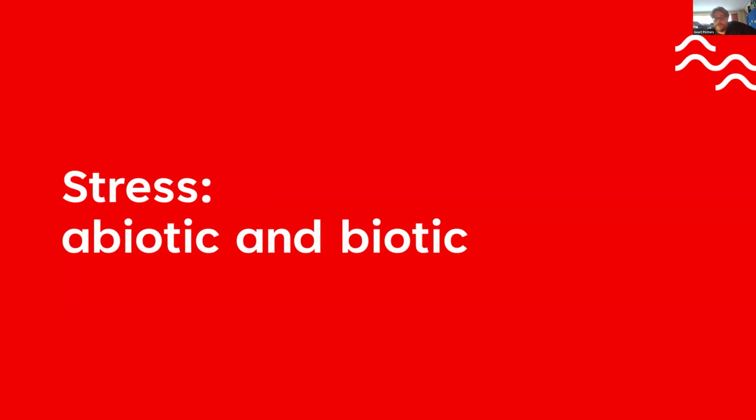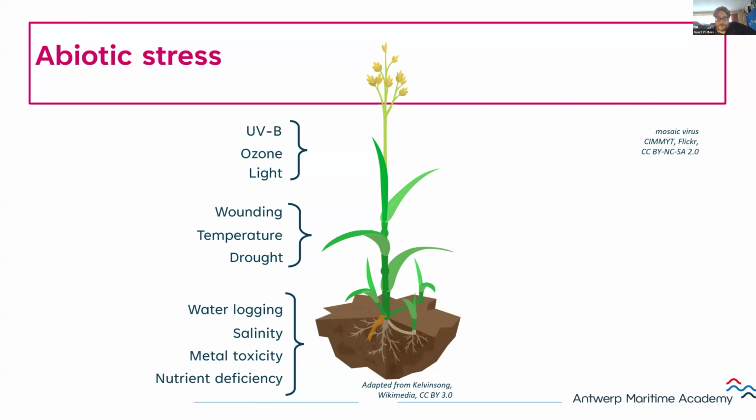First of all, I will give you a few ideas. What is stress? Well, we have two major groups of stress. Again, stress is, according to this very operational definition, something that makes your plant grow less well. And then we have all kinds of abiotic causes.